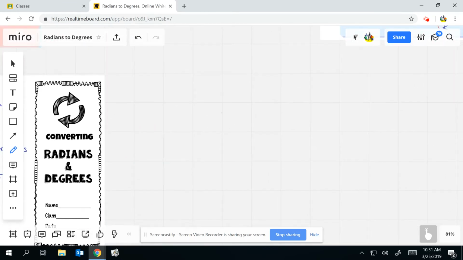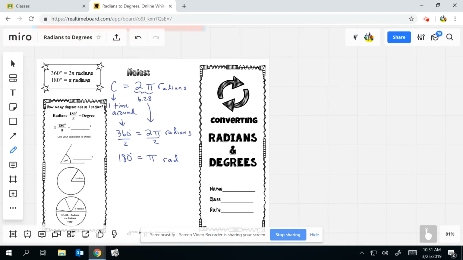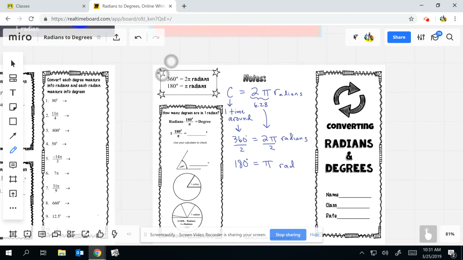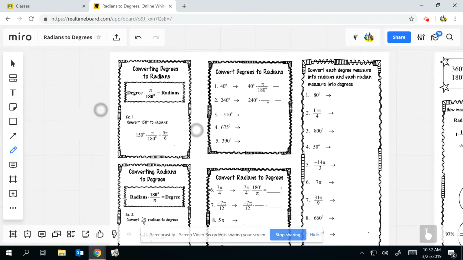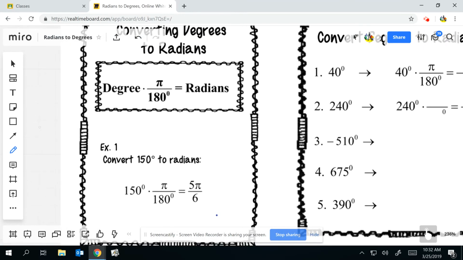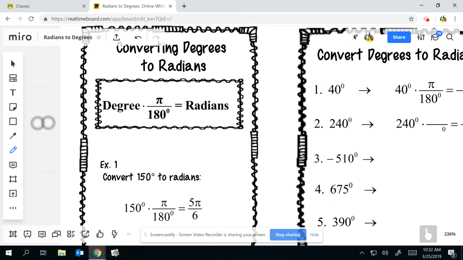The main part of today is being able to convert from radians to degrees and degrees to radians. So we just saw that pi radians, 3.14 radians, will give you half a circle, or 180. So 3.14 gives you 180.